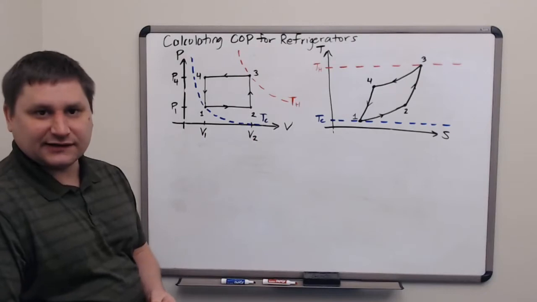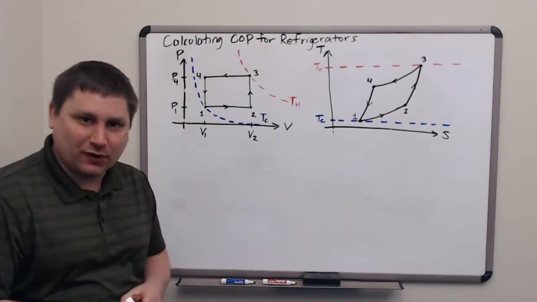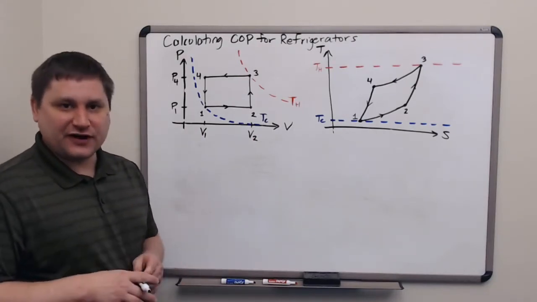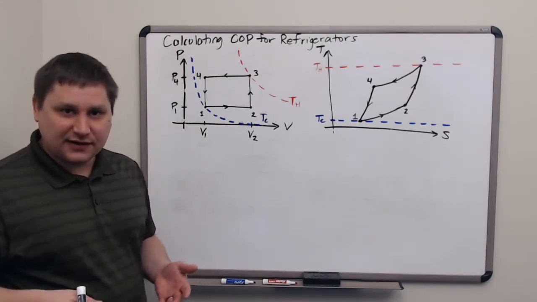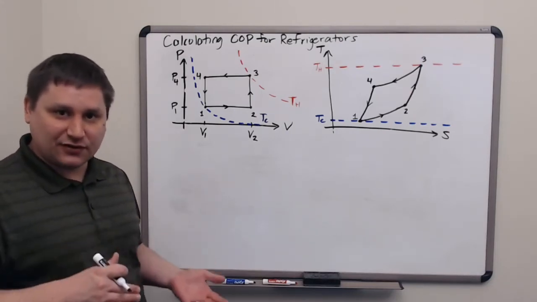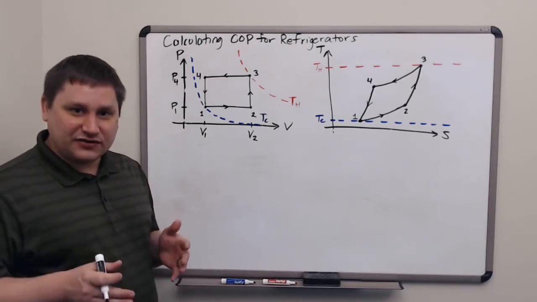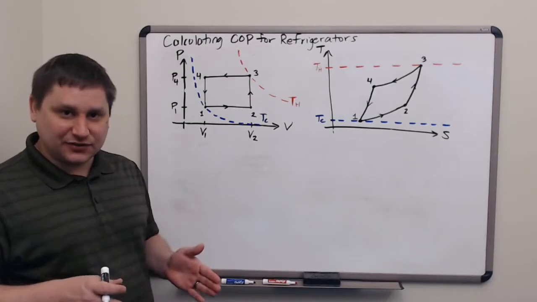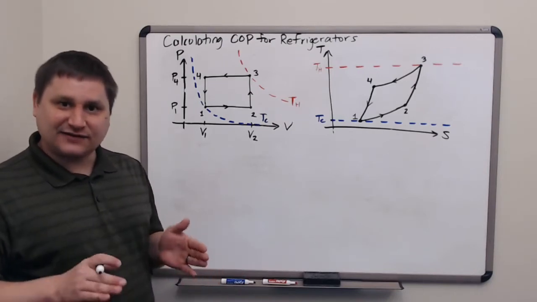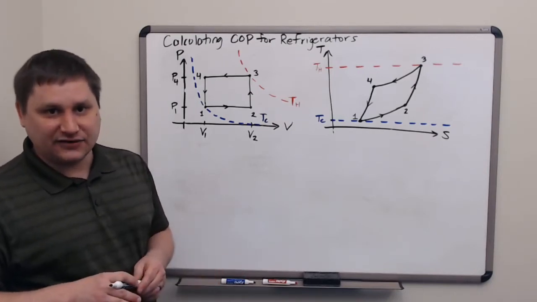Now let's discuss calculating the coefficient of performance for a specific refrigeration cycle. We have to be a little thoughtful about which steps get assigned to heat absorption or ejection and which reservoir we're actually absorbing from or ejecting to during each step. It's not as straightforward as the heat engine.